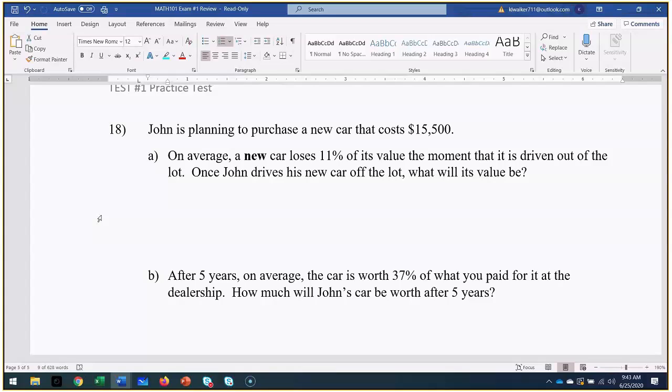John is planning to purchase a new car that costs $15,500. For part A, on average, a new car loses 11% of its value the moment it is driven off the lot.